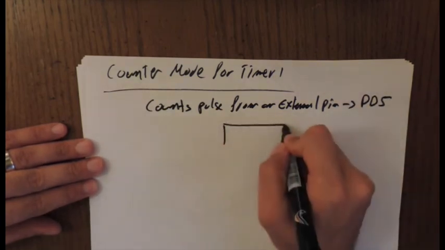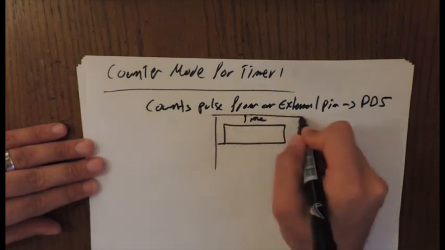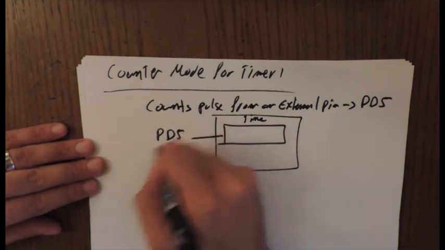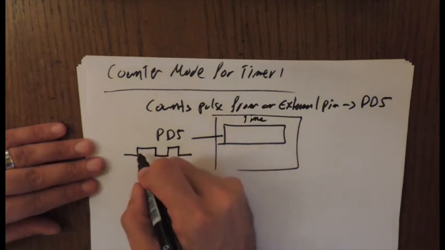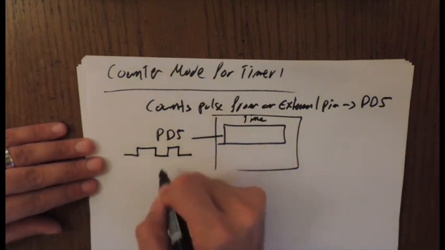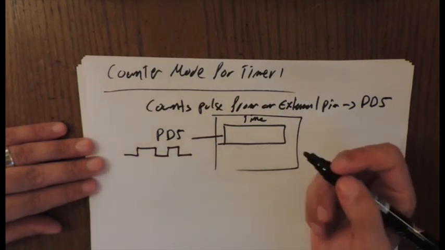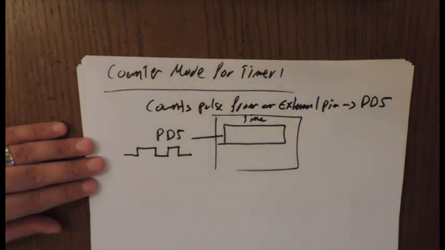So in this case, the timer is fed from PD5, some sort of pulsed signal, where it counts either the rising edge or the falling edge. Each time a pulse passes, it could be generated from a push button or a switch.